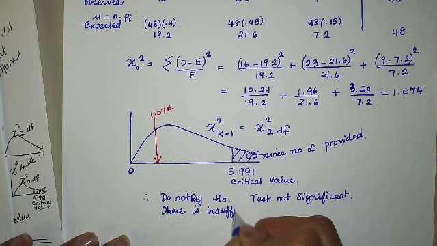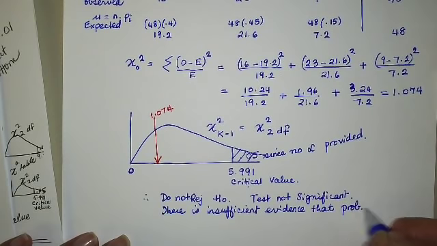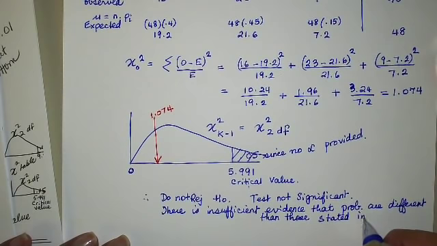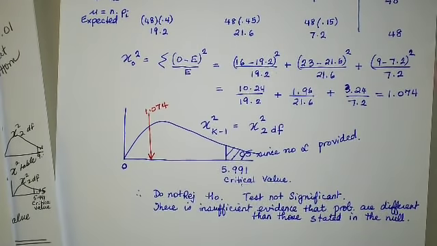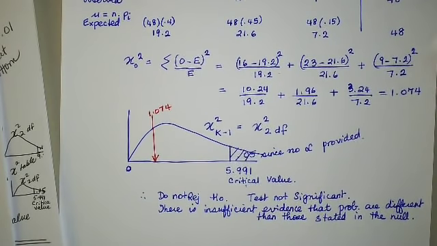So there is insufficient evidence that the probabilities are different than those stated in the null. Basically, this is saying that there's a good fit.